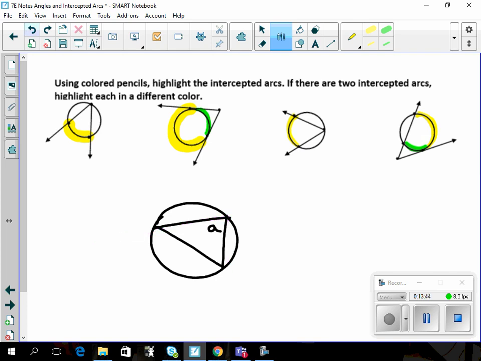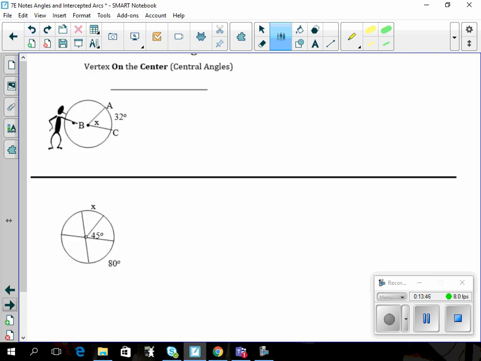Good. All right, so go ahead and turn your paper over. Here's where the formulas are going to come into play. You should notice when you turn your paper over that you have 4 different sections, so to speak, of your paper. There are 4 different formulas, and it all depends on where the vertex of the angle is.